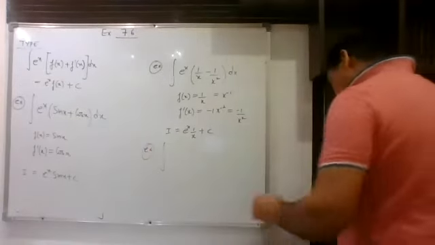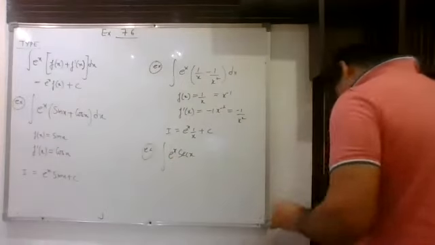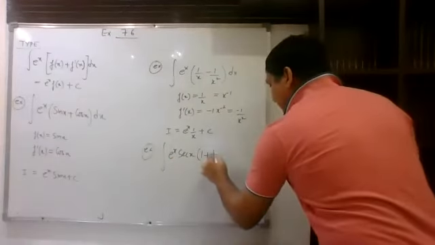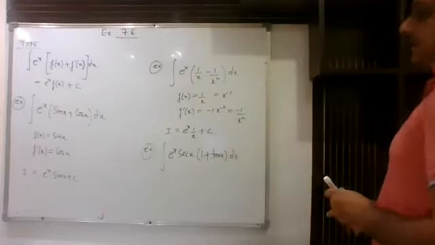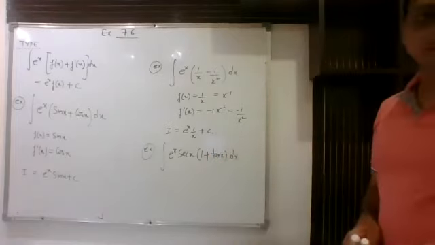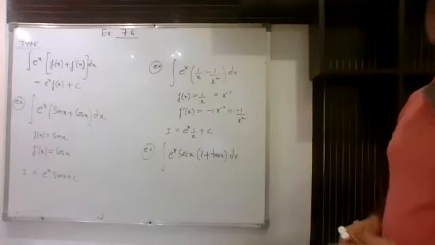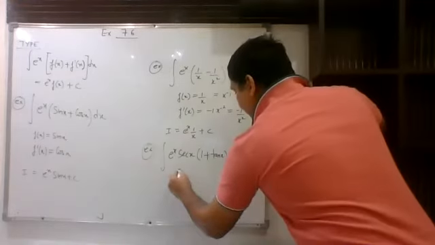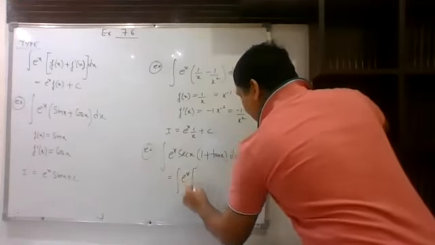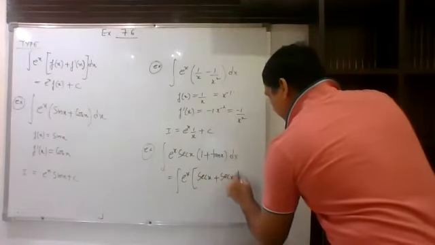Next question, suppose e^x (sec x)(1 + tan x) dx. This is example number 3, where we can utilize this form again. So here, if I take sec x inside this bracket, then I can write this question as sec x + sec x tan x.